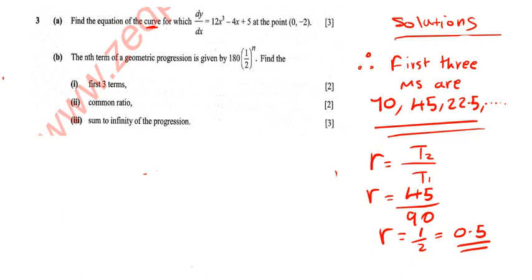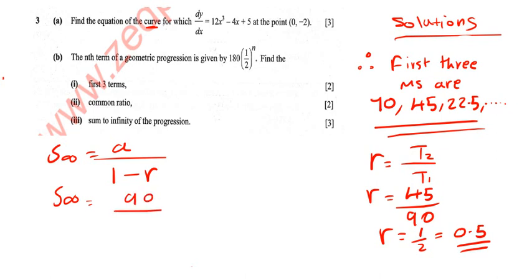So you say sum to infinity, represented by the symbol of infinity, is equals to first term over 1 minus r. Always r is less than 1 for the sum to infinity. So sum to infinity is equals to the first term, which is 90, over 1 minus the common ratio I found, which is 0.5.